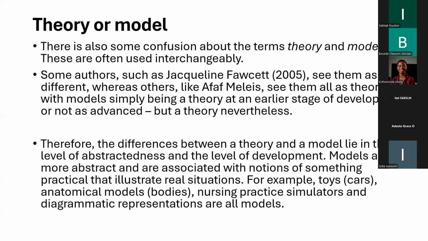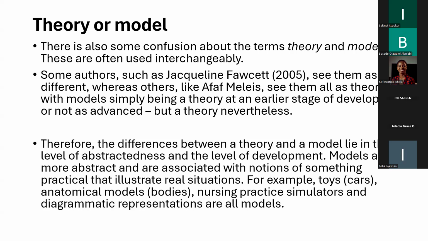All right. So now another thing you need to understand is what is a theory, what is a model? Are they the same? Are they different? Now, theory, we've understood what a theory is, but a model is sometimes confusing. Some authors have said that model and theory are used interchangeably.